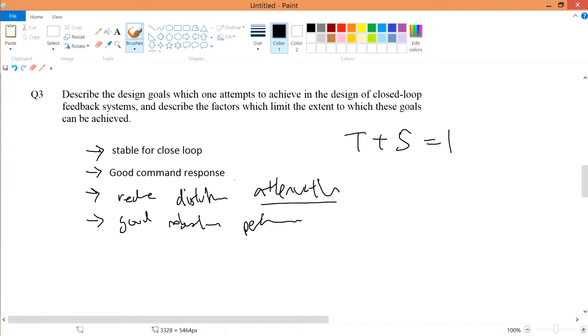The purpose of the good robustness performance is to ensure that you're robust against disturbance, you're robust against noises and things like that. So you have to design a system that is robust against any troubles out there.